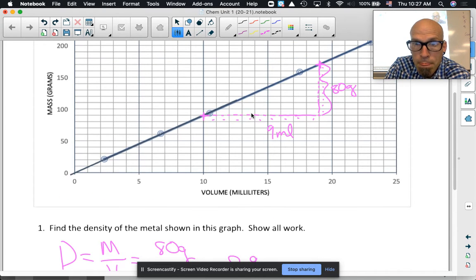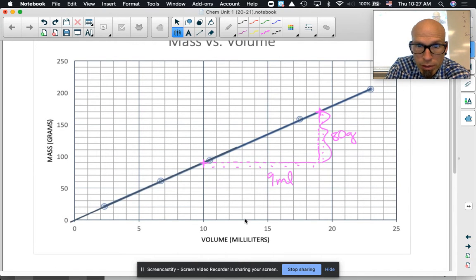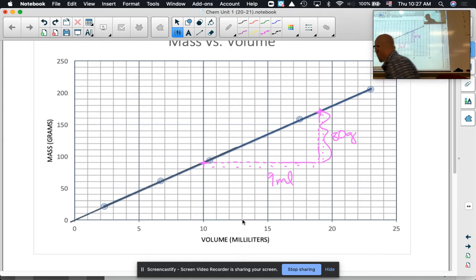Okay, so what am I doing? Well, I'm going to 13. That's what it said. So I'm going to go to 13. Right there, 13. Then what? Well, I'll take a dashed line on up like this, up to the best fit line. Then I go across like this.